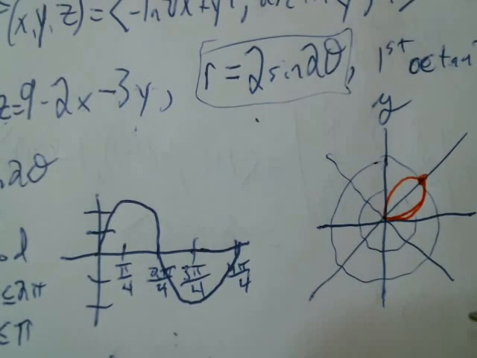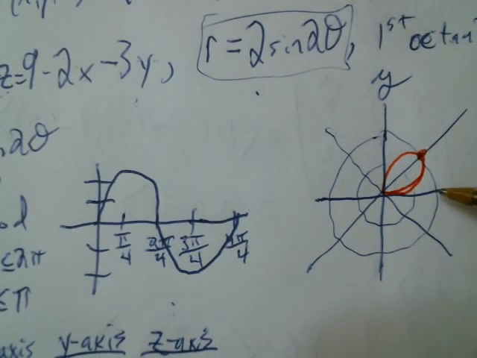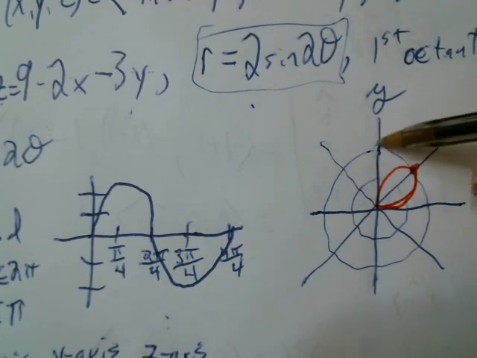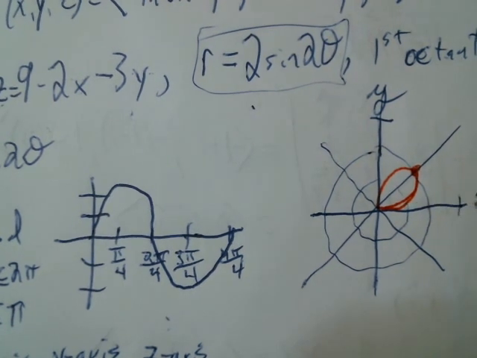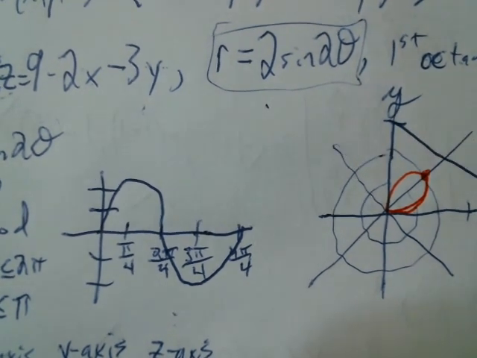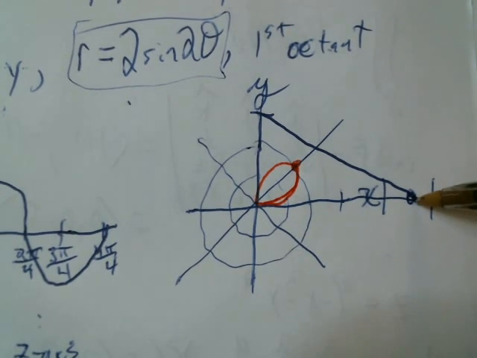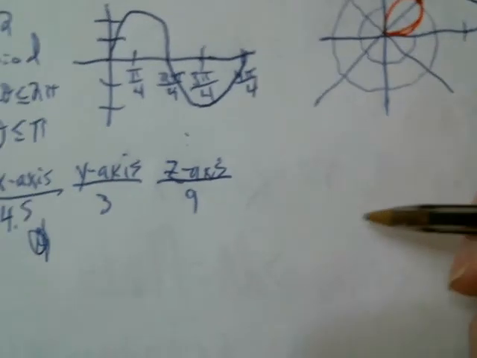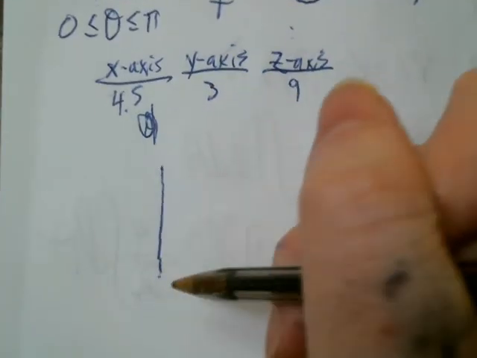So what does this mean with respect to putting it all together? 1, 2, 3 is out here. 1, 2, 3, 4.5. So we're going to have this diagonal on the xy plane, and then over top of it, let me draw it. Here's the XYZ space.